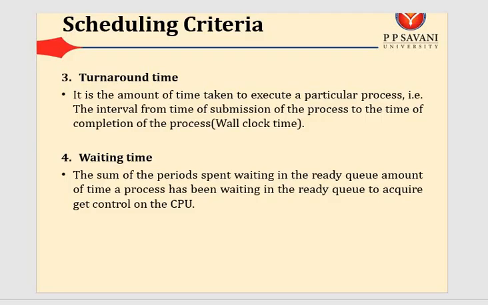That means whenever any process is created, but before the process gets the chance to be executed, in between, an amount of time is wasted, and that time is known as the waiting time of any process. It may be the sum or total of the time spent in the queue by any process.